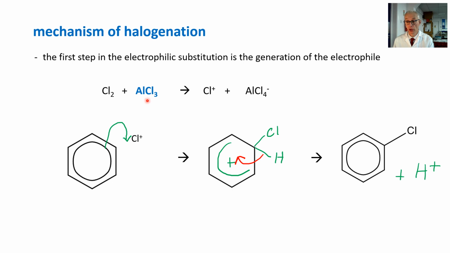Could you attempt an equation for the regeneration of the catalyst? Pause the lesson and come back when you are ready. Okay, so the regeneration of the catalyst, well, we take the aluminium tetrachloride complex here, plus a hydrogen ion generates hydrogen chloride, and aluminium trichloride is regenerated as the catalyst.